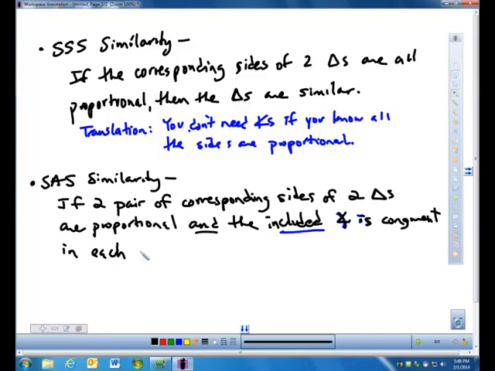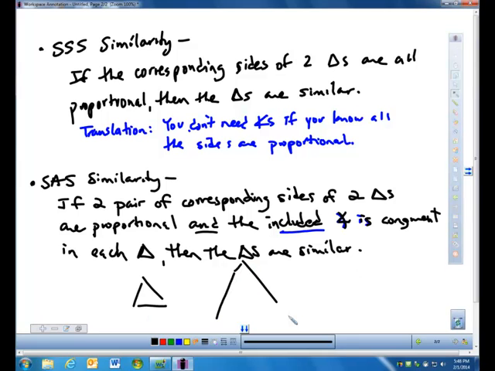So it's kind of a combination of the 2 other theorems. I don't particularly like this one. I don't use it very often just because you have to know information about the angles and about the sides. But here's a picture just to show you what this is talking about. So there's my pair of angles that are congruent. And now I have to know information about my sides.